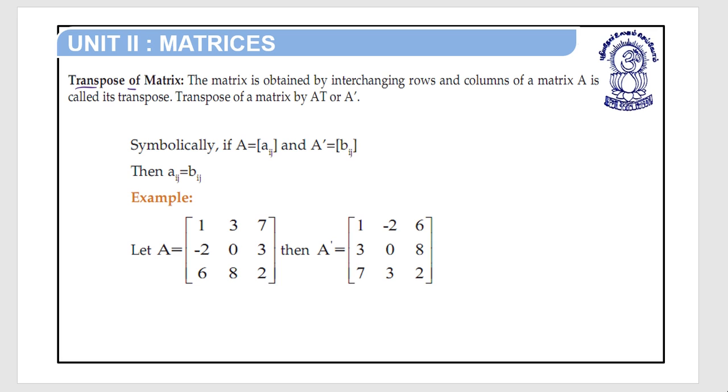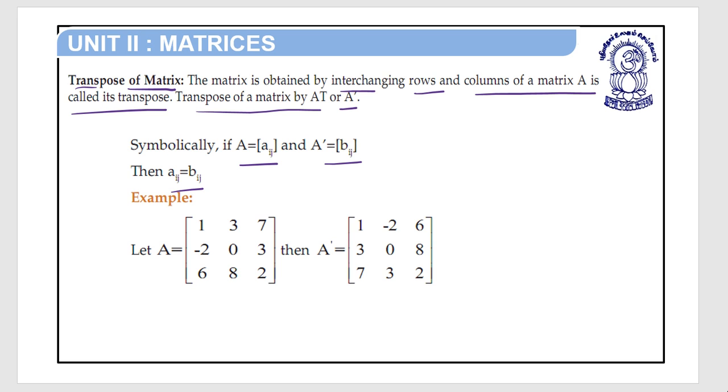Transpose of a matrix. The matrix obtained by interchanging rows and columns of a matrix A is called the transpose of the matrix, denoted by A^T or A dash. Symbolically, if A is equal to [aij] and A dash is equal to [bij], then aij is equal to bji.